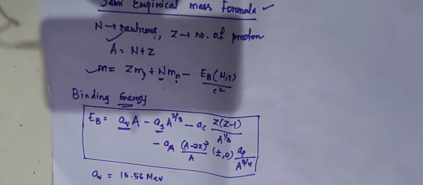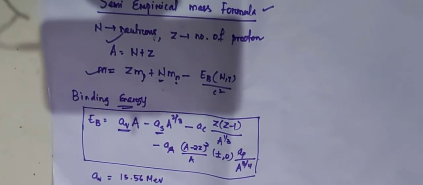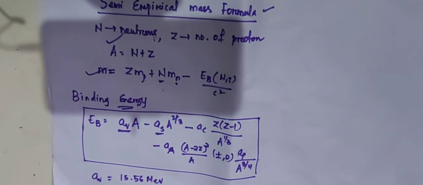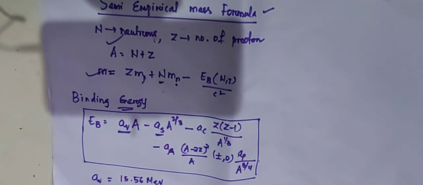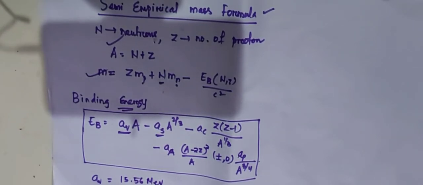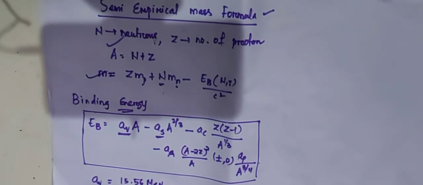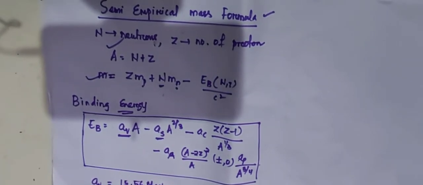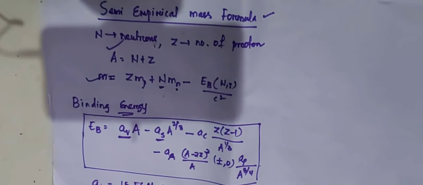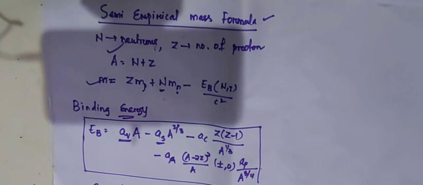The Coulomb energy part is 0.595 MeV, and the asymmetric energy part is around 23.2 MeV. And this one is 0.697. The pairing energy term is equal to plus 12 MeV in some cases.